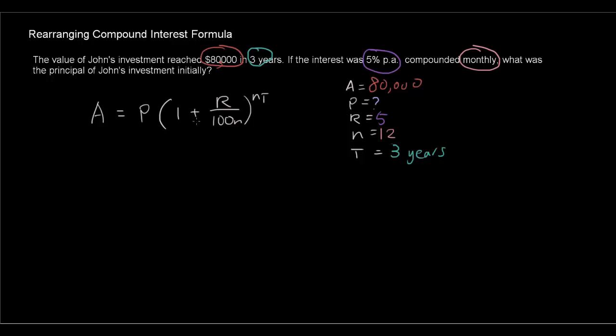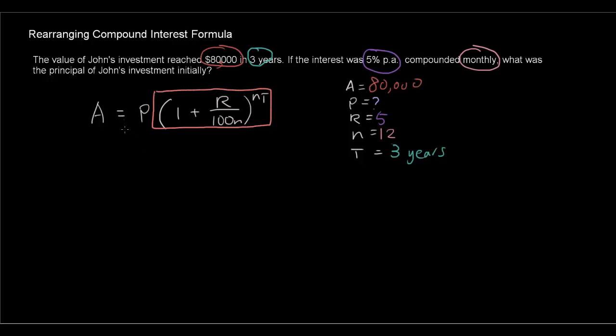Now, A is equal to the principal multiplied by this whole chunk of stuff, which is actually just one term. So if we highlight that big chunk of stuff over here, you can treat all of this as one term.